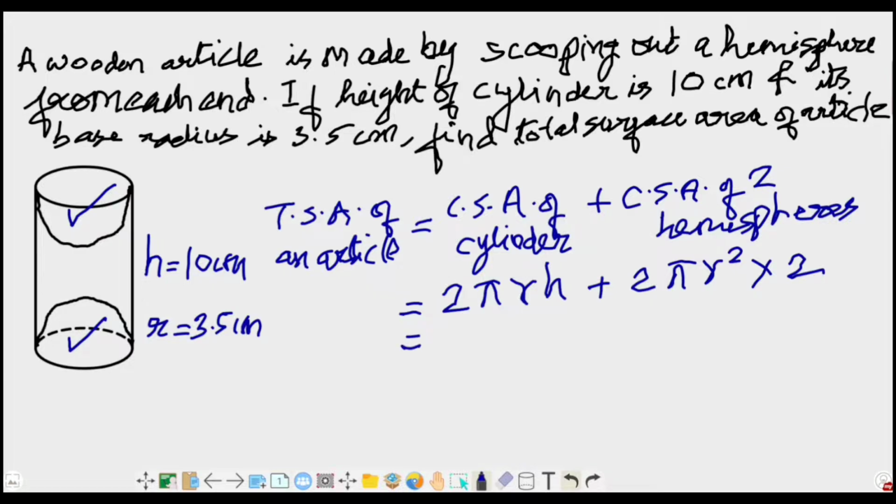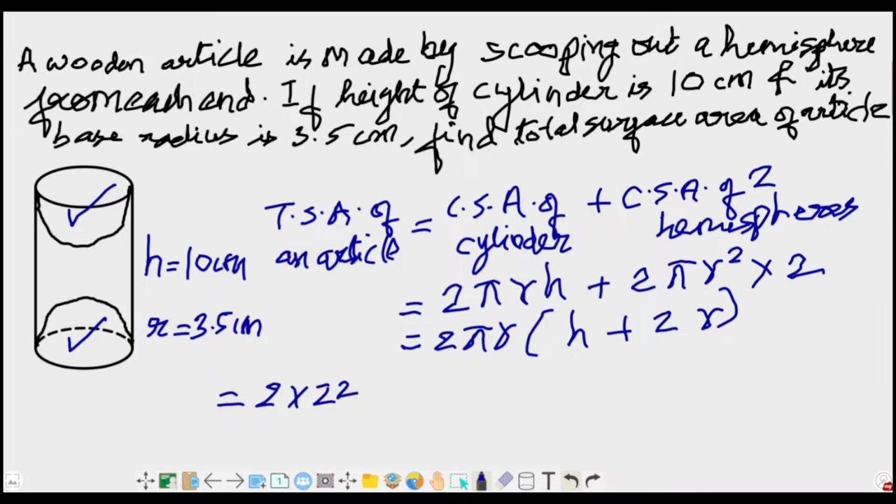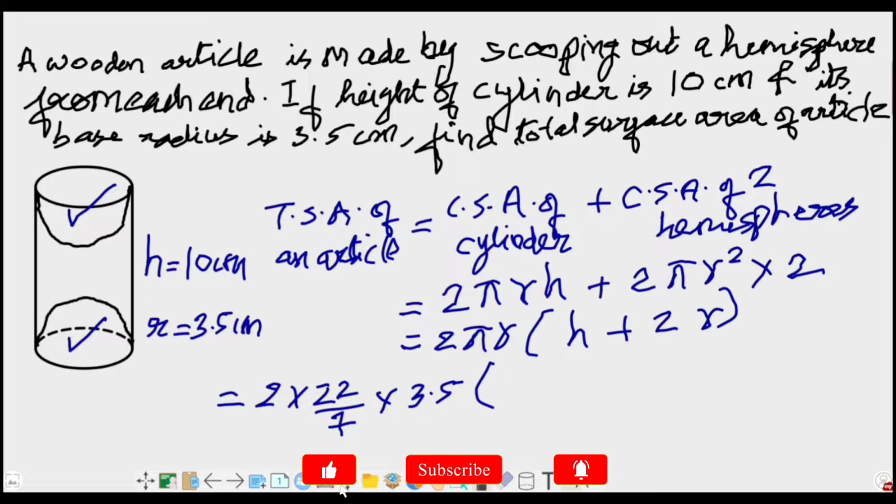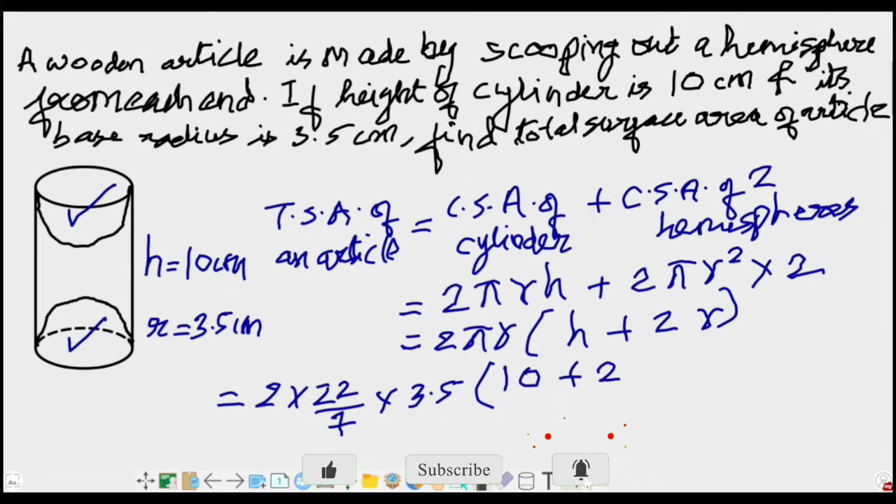Now, what is common? 2 pi r. Then in this it remains h, and there 2 and r. Now start substituting the values. 2 into pi, I am keeping 22 by 7 because r is divisible by 7, that is 3.5. Height is 10. 2 into 3.5 is 7.